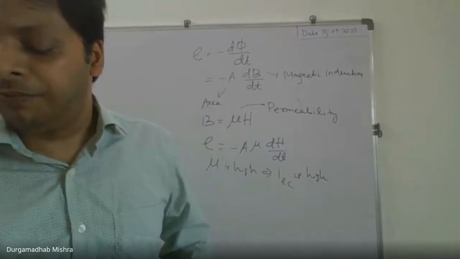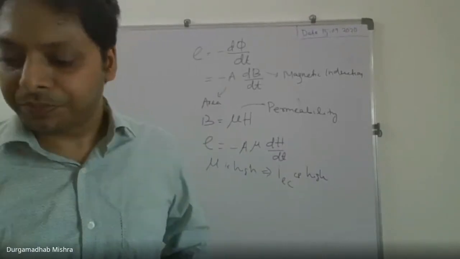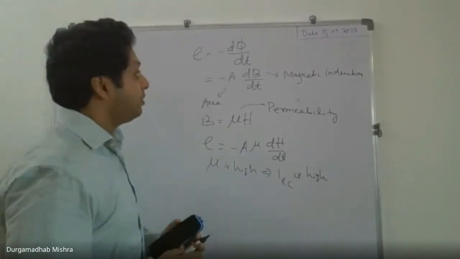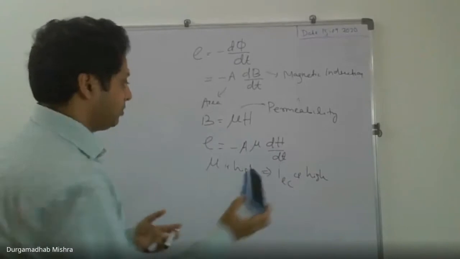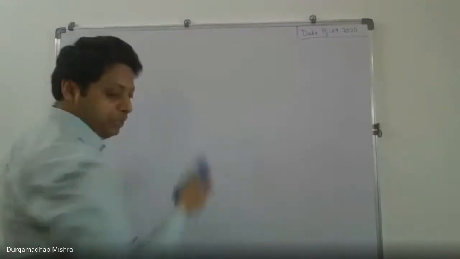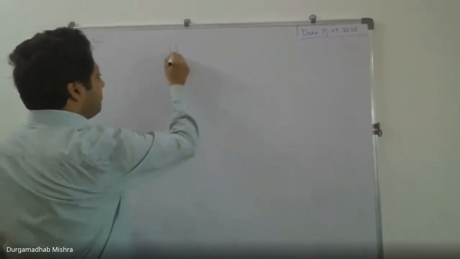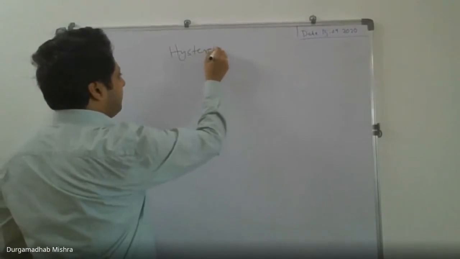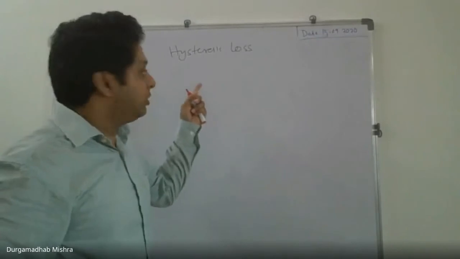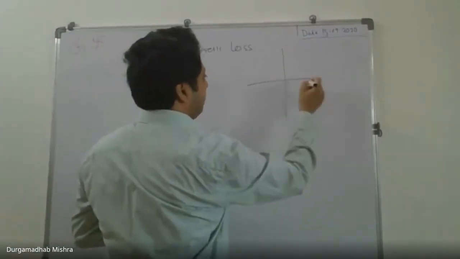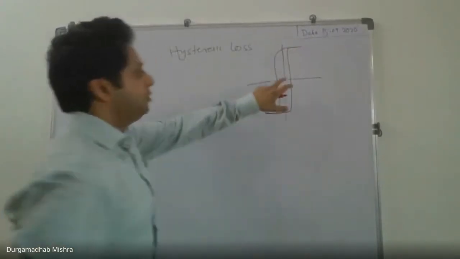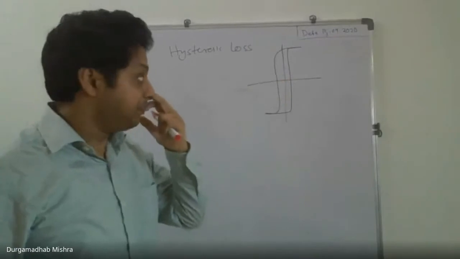But what is the role of a magnetic material here? If you look at the plot I just had for the loss, we have a hysteresis loss. If we want to reduce the hysteresis loss, we want to minimize this area as much as possible.